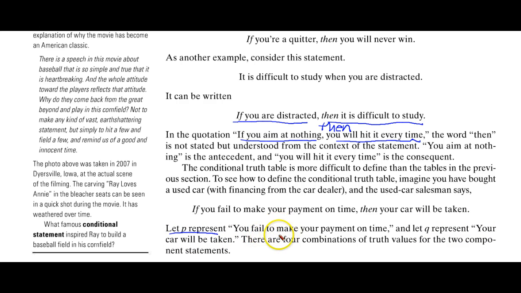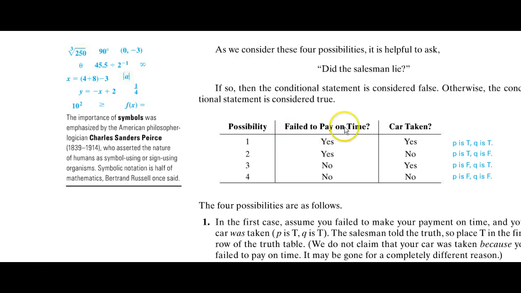And from this, there are 4 combinations of truth values for the 2 component statements. So let's analyze this truth table. Possibility 1. Failed to pay on time, yes. Car taken, yes. So P is true, Q is true.